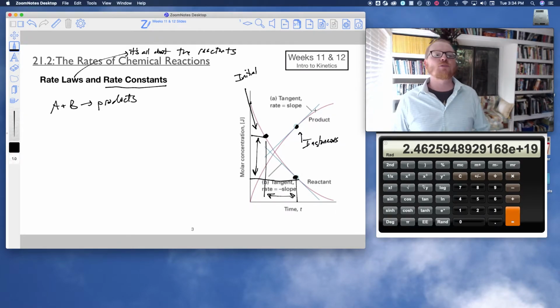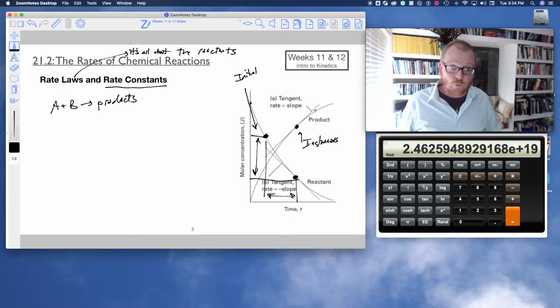But when we set up these rate laws, it's all about the reactants because those are what's easiest to measure, right? We have finite amounts of reactants at the start of a reaction, but more often than not, we have zero product at the start of a reaction. So it just becomes easier to monitor the rates of reactants, okay? So it's all about the reactants, all right?